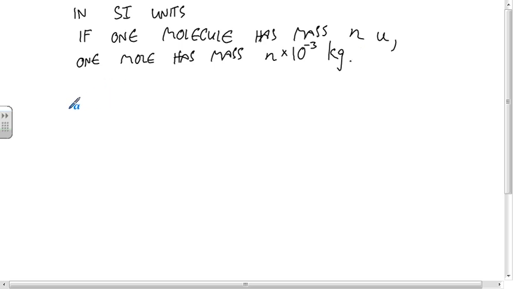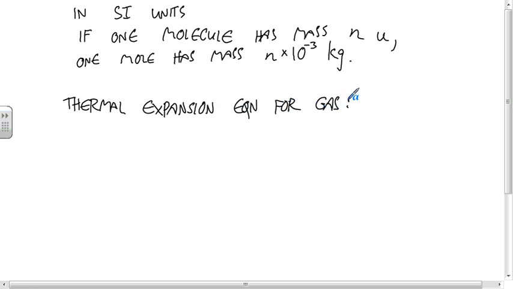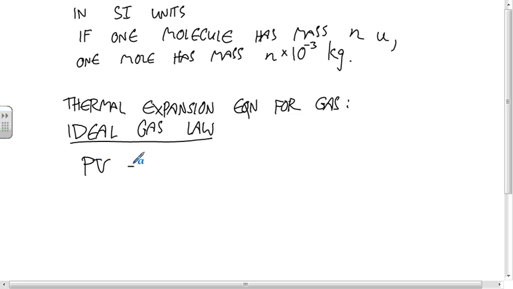Okay, so then the thermal expansion equation for a gas is called the ideal gas law. And the ideal gas law says a gas's pressure times its volume is equal to the number of moles times capital R T. And I'll tell you what all of these are.